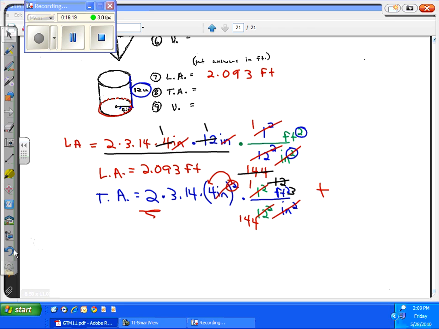And then we would have to add our lateral area to that, 2.093 square feet. So we're going to have 2 times 3.14 times 4 squared, divided by 144.